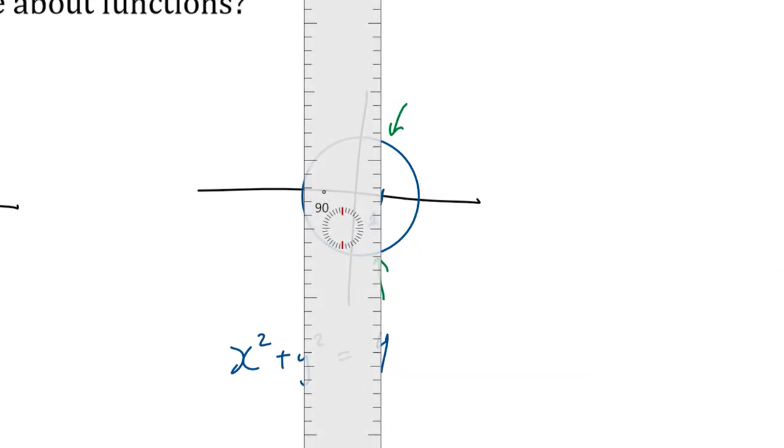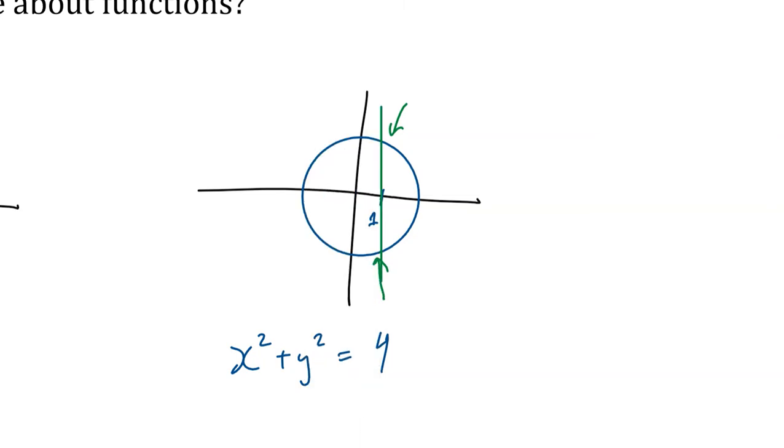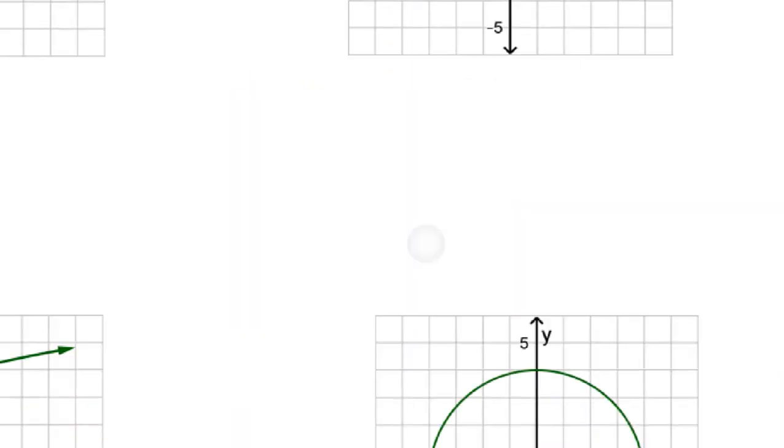So there you go. When I draw a line through 1, it cuts it in 2 places. So that relation fails the vertical line test because it doesn't have only one y value for each x value, right? So it's not a function.